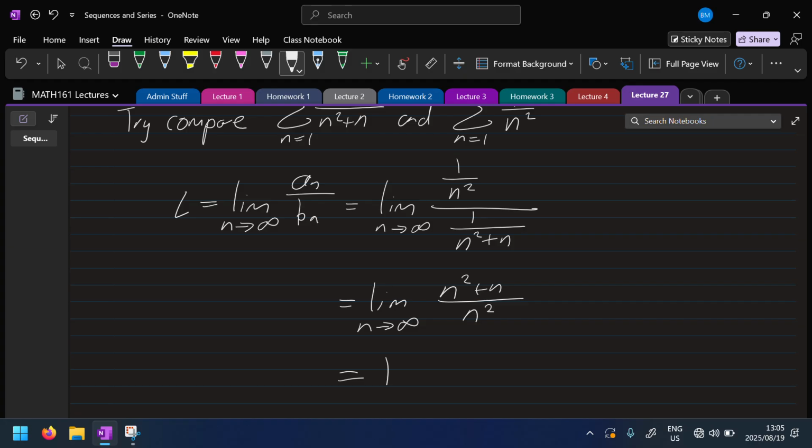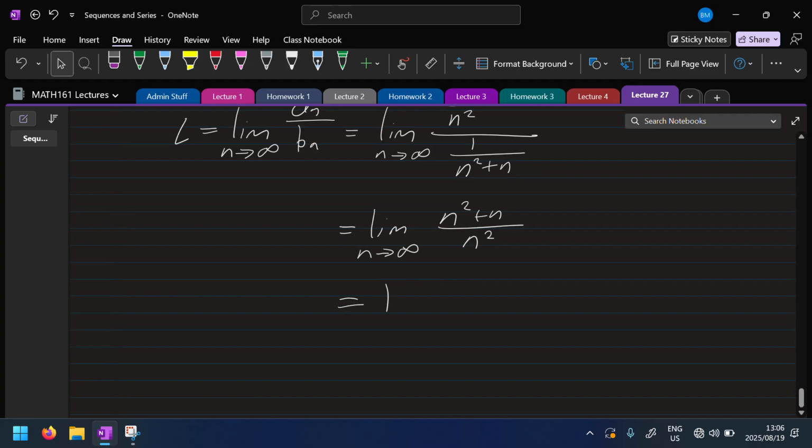What do we know? Do they both converge? Have a look, limit comparison test. We got our L value, 1. What can we conclude? Yeah, greater than 0, so they both converge. Exactly. So this is greater than 0, so both converge.